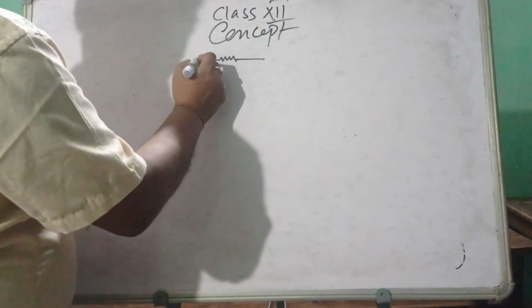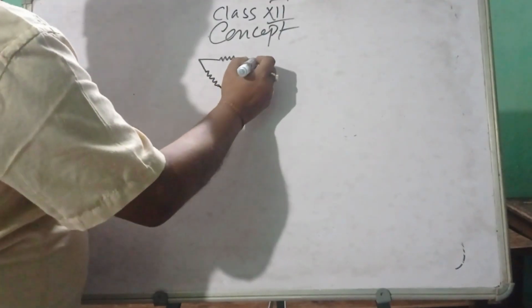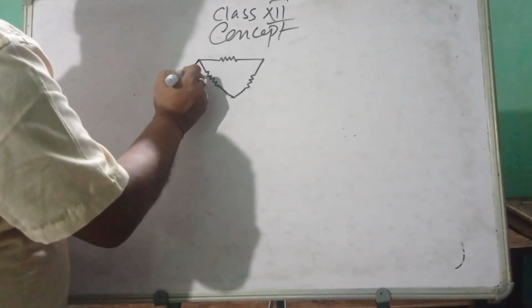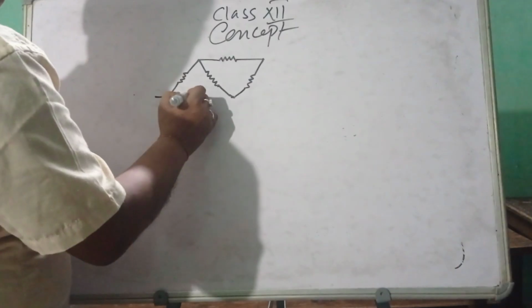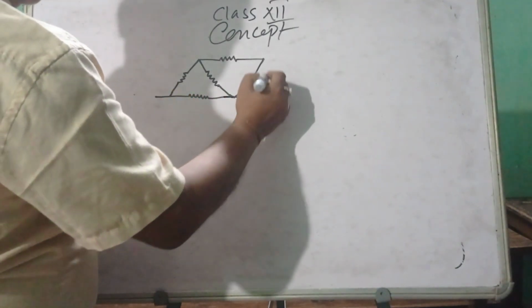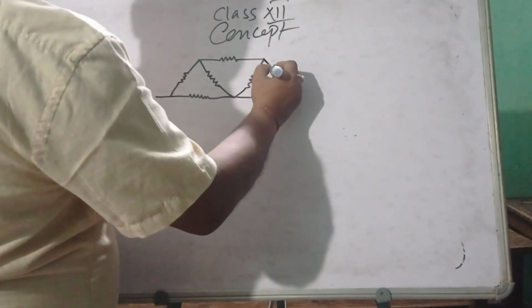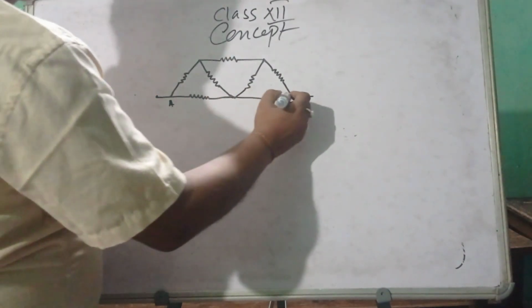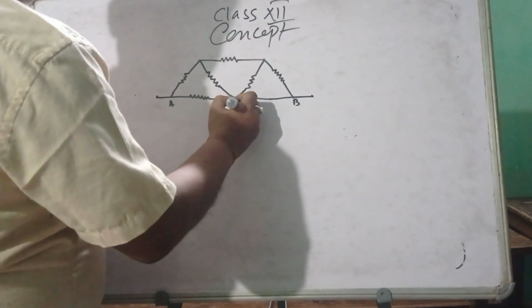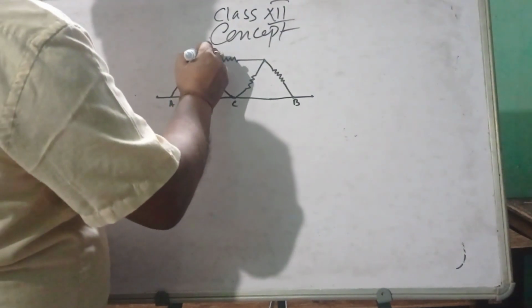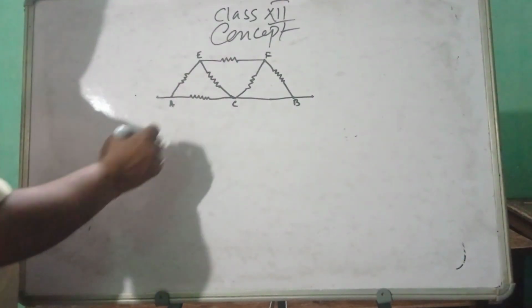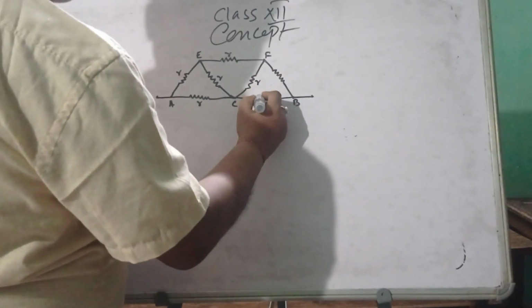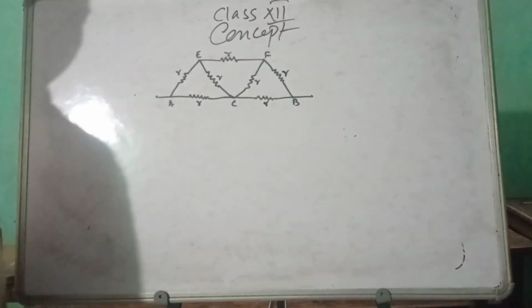Here you see this is your A, this is your B, and this is your C, E, F, and all of these are of same resistance.